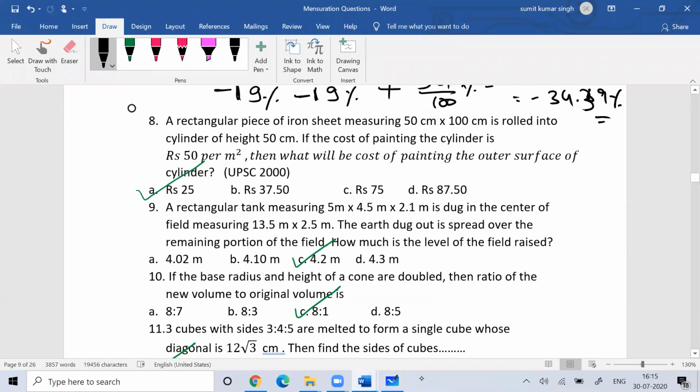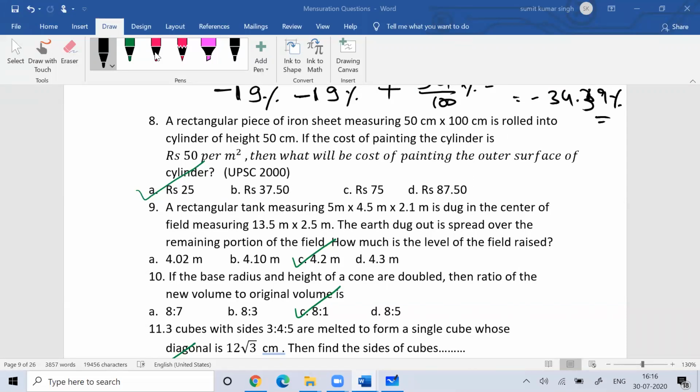Now read question number 8, everyone. This came in the UPSC exam. A rectangular piece of iron measuring 50 into 100 is rolled into a cylinder of height 50 centimeter.